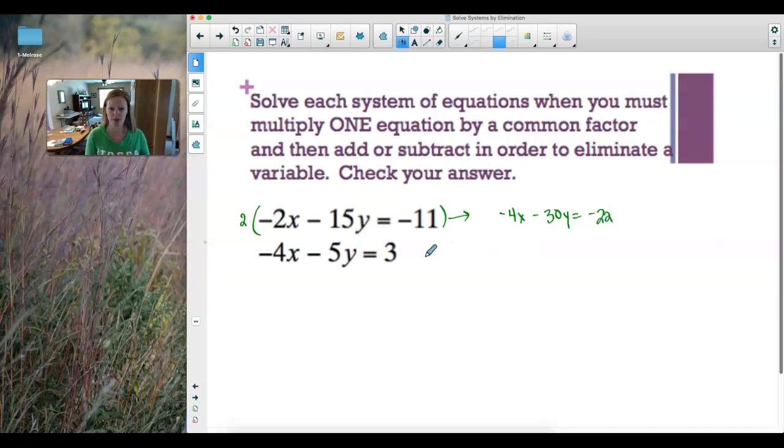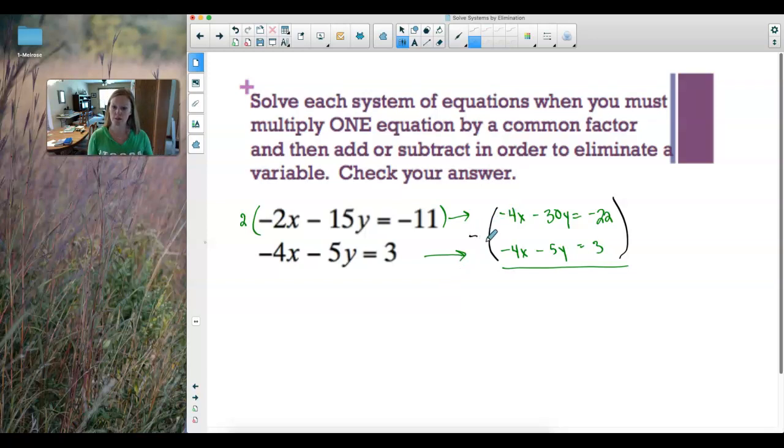Okay, I'm going to copy the second equation down. So I have negative 4x minus 5y equals 3. Okay, now at that point, I notice that if I subtract these two equations, I can eliminate a variable. Okay, so I'm subtracting.